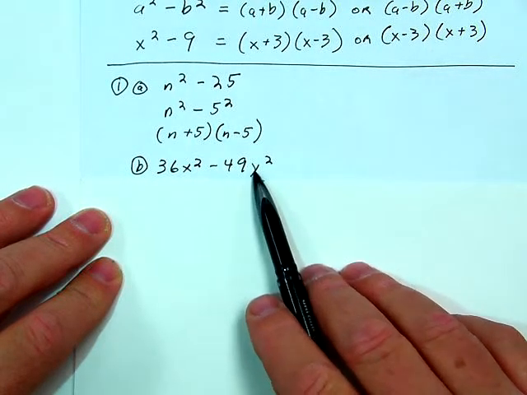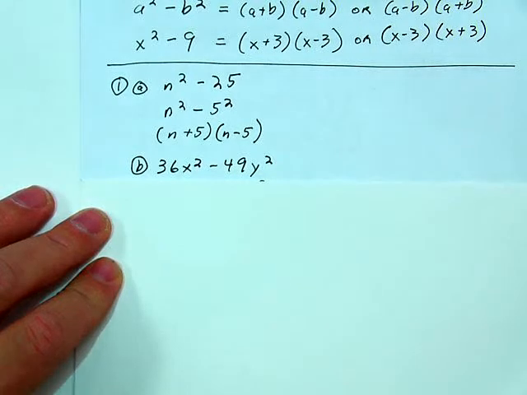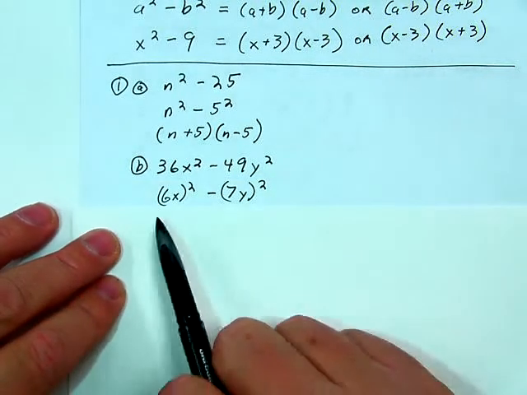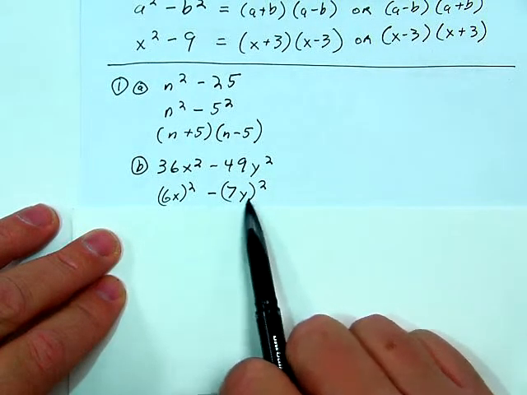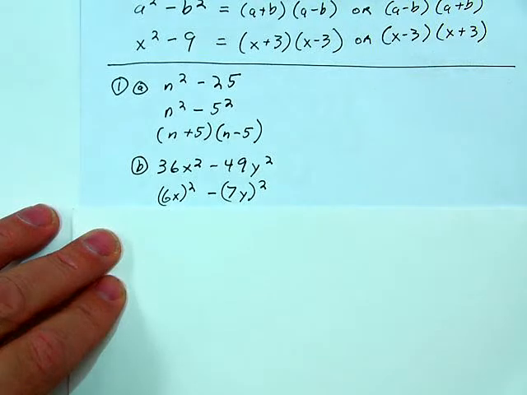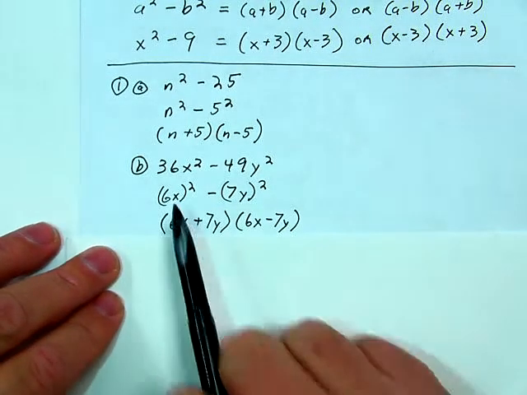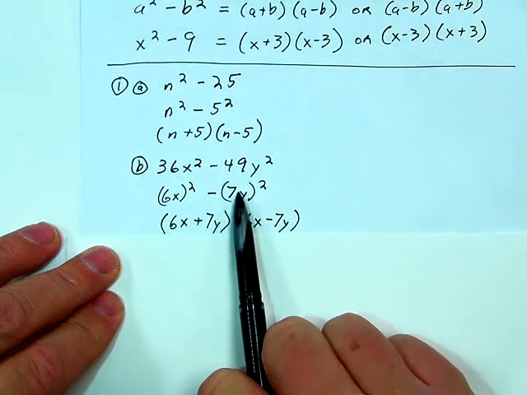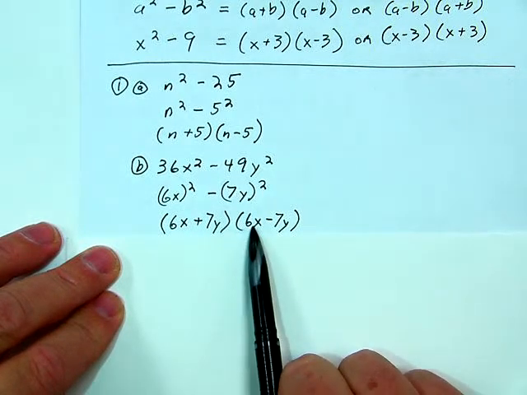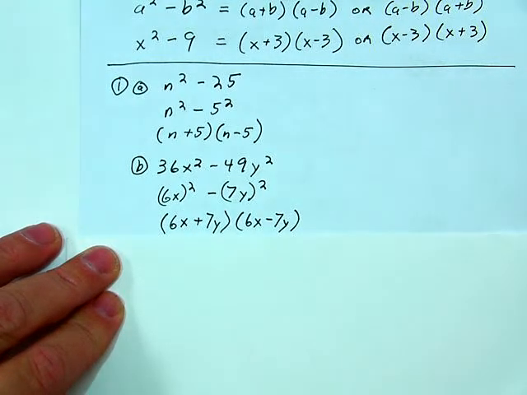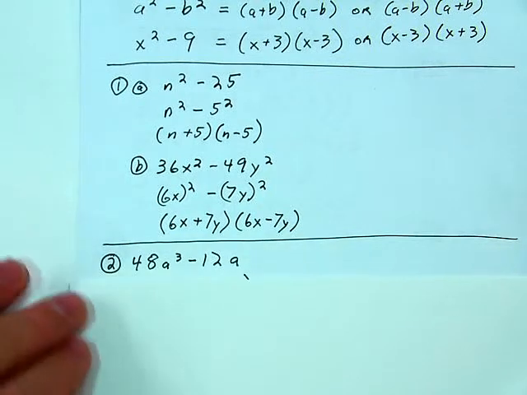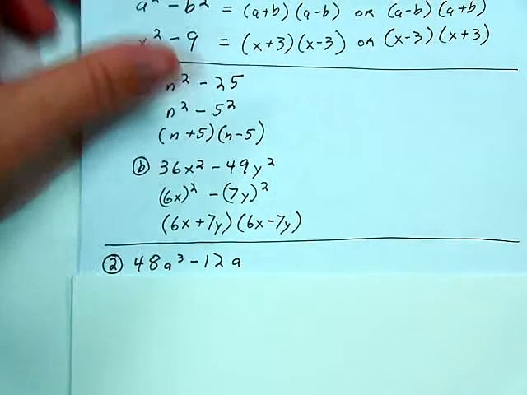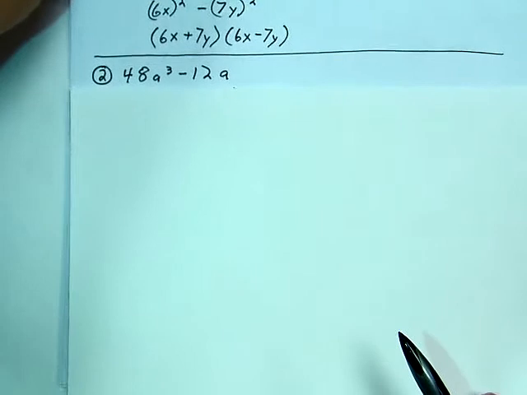This would be 7y in parentheses squared. So I write that: 6x in parentheses squared minus 7y in parentheses squared. And since that's true, I can immediately go to the first term plus the second term times the first term minus the second term.